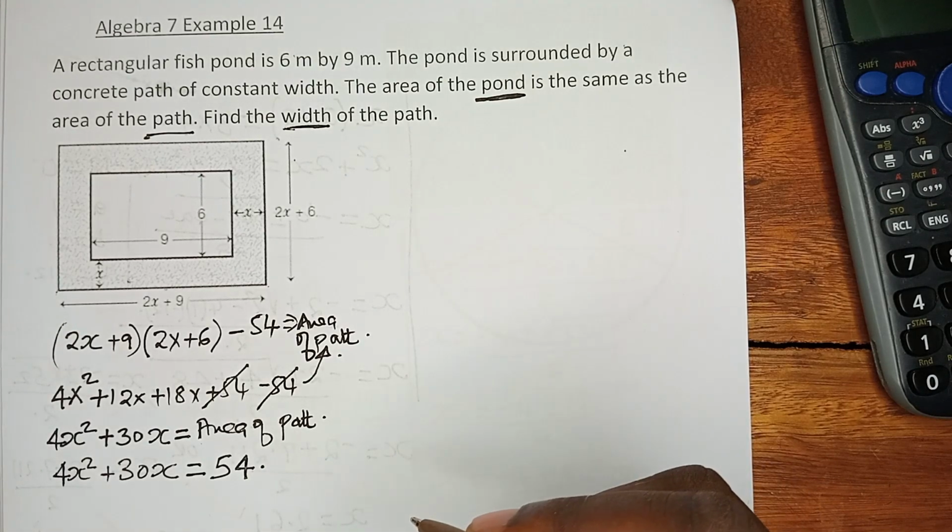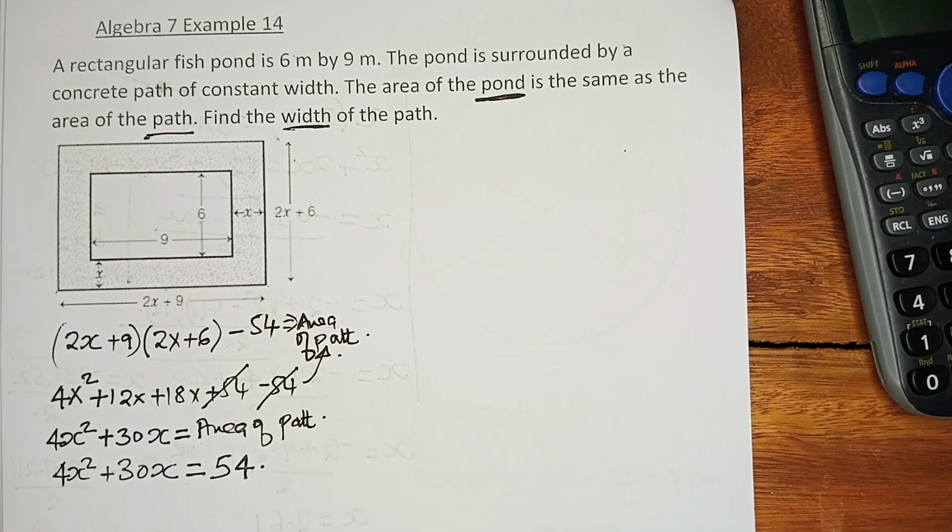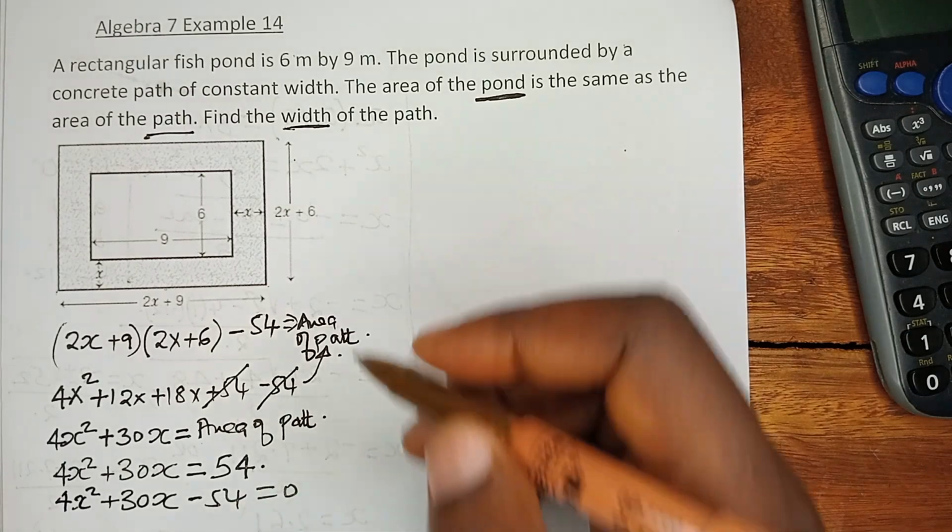And from here, we have an equation which looks like 4x squared plus 30x minus 54 is equal to 0.